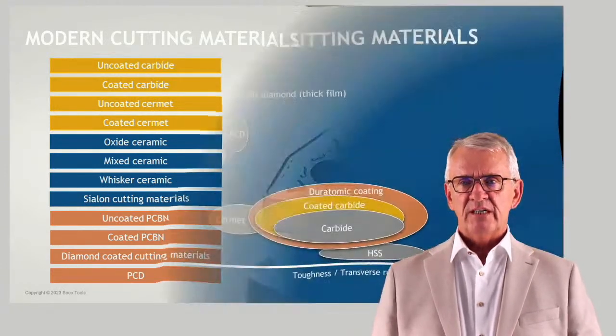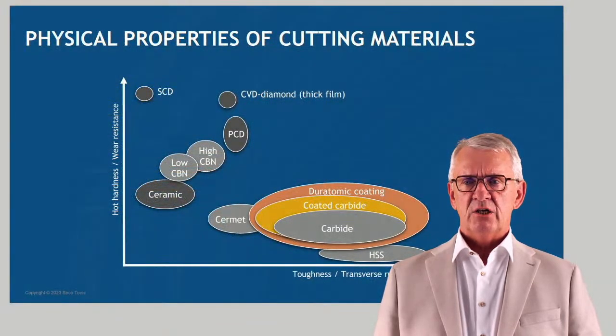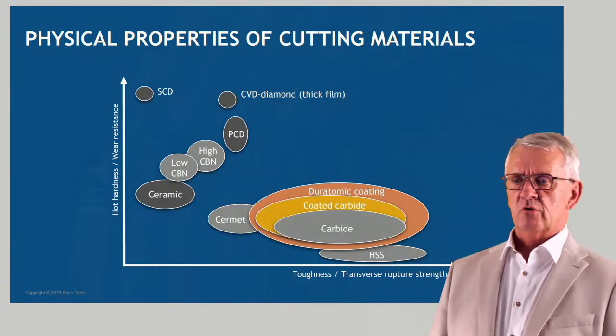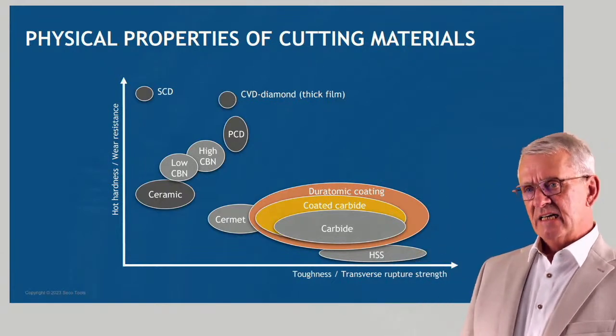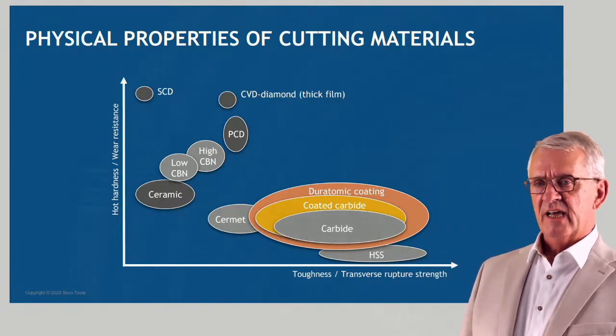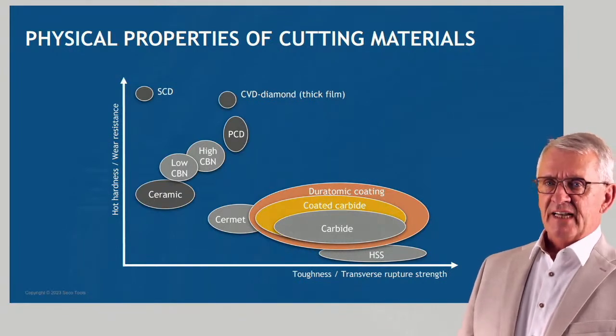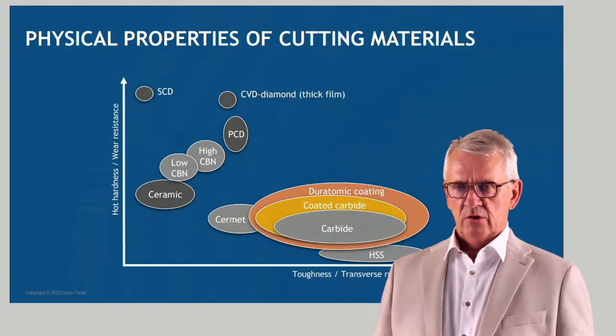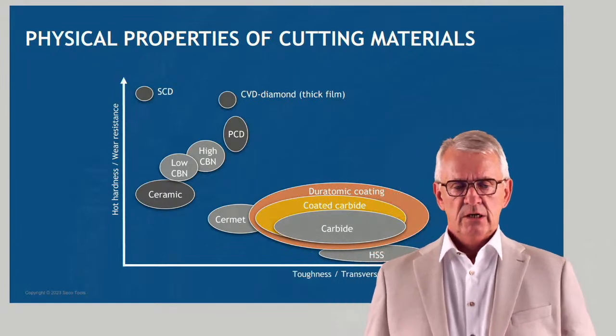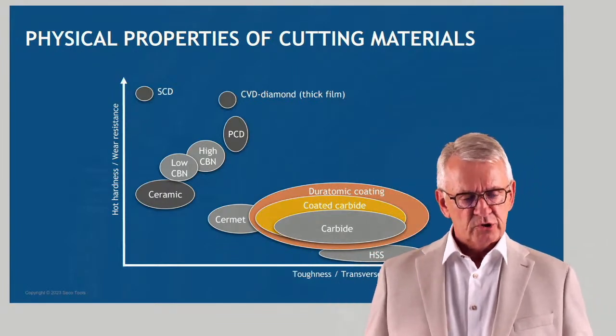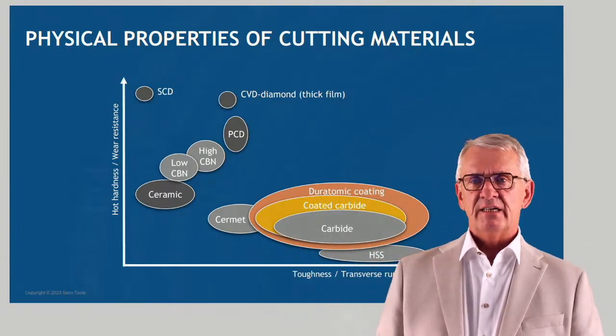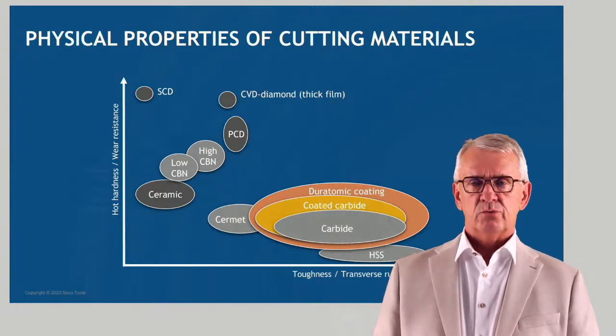These are the big family names, and very often when talking about those families, what people show you is a diagram looking like this, where we rank cutting materials based on their basic physical properties, the horizontal line being toughness, or transverse rupture strength, and the vertical line representing hardness, hot hardness, wear resistance.